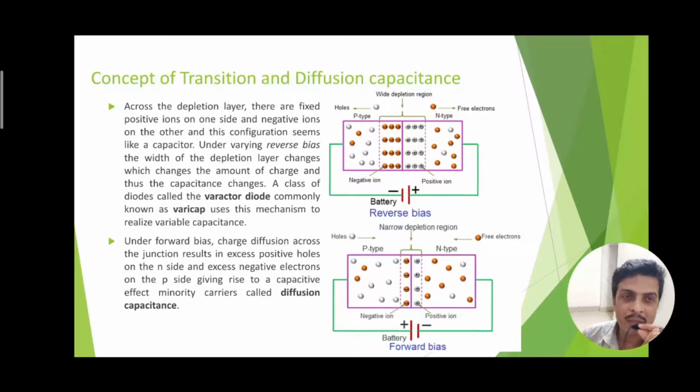Similarly, holes are penetrating the depletion region and reach the N type semiconductor, acting as minority charge carriers before being recombined. So these minority charge carriers are forming a capacitance on the parallel plates of the capacitor, known as the diffusion capacitance.